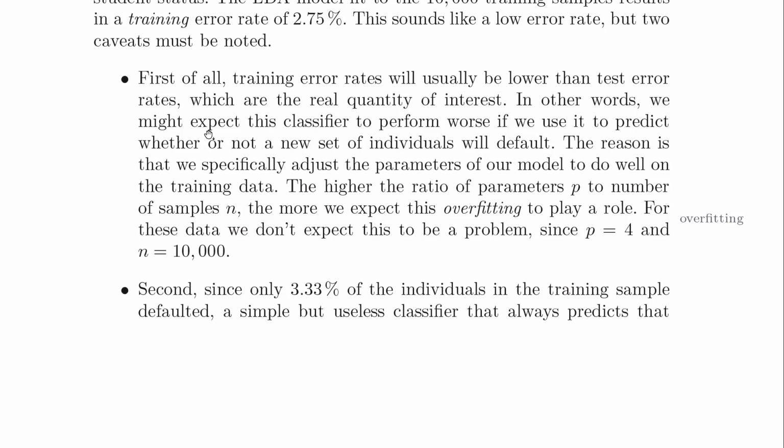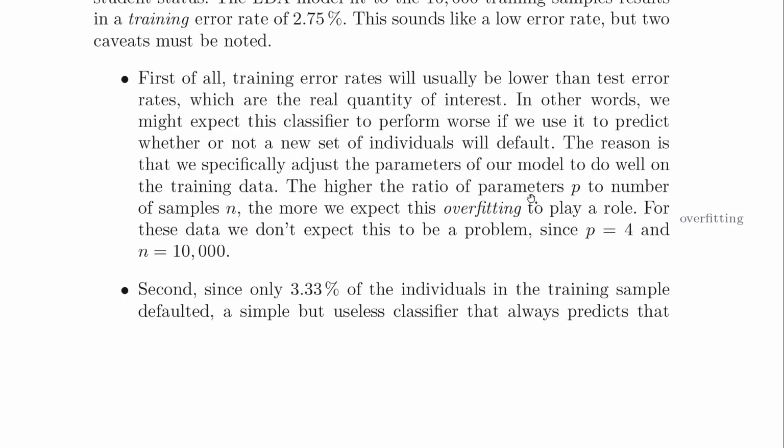In other words, we might expect this classifier to perform worse if we use it to predict whether or not a new set of individuals, a set of individuals that was not used to design or to parameterize the model, will default. The reason is that we specifically adjust the parameters of our model to do well on the training data.